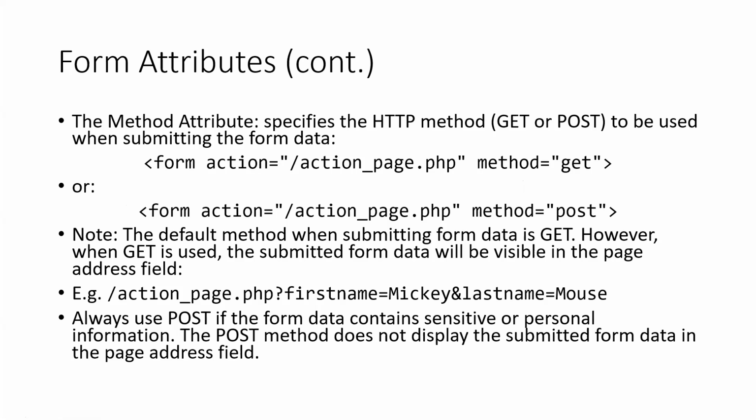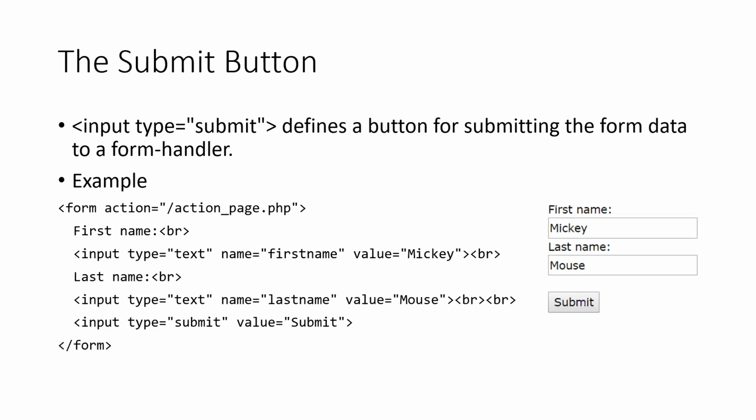Now the problem with get is that whenever you use the method as get, the submitted details will be displayed in the address field, right? And then somebody can make use of this to attack your site. So when you have very sensitive, critical data, we had better switch to the post method. So make a note of this one.